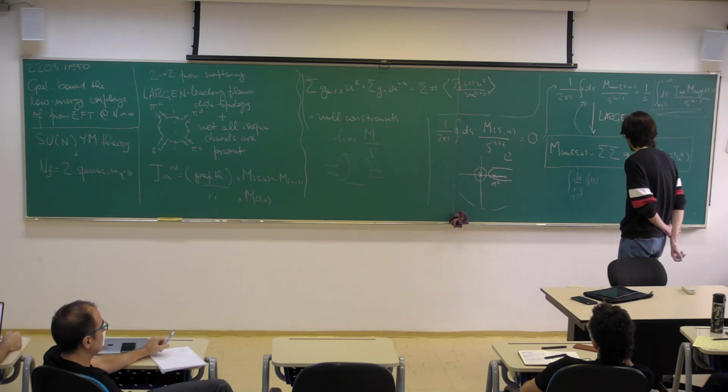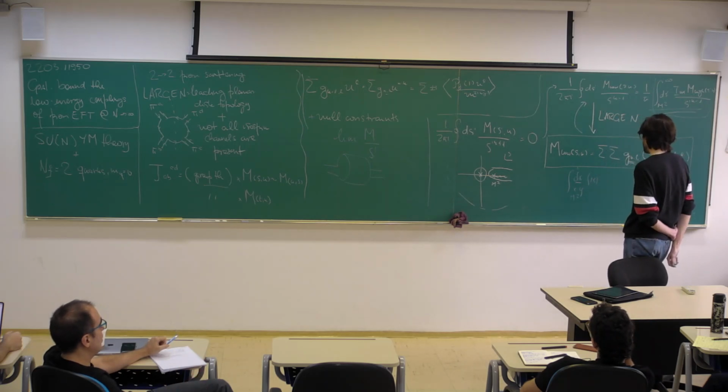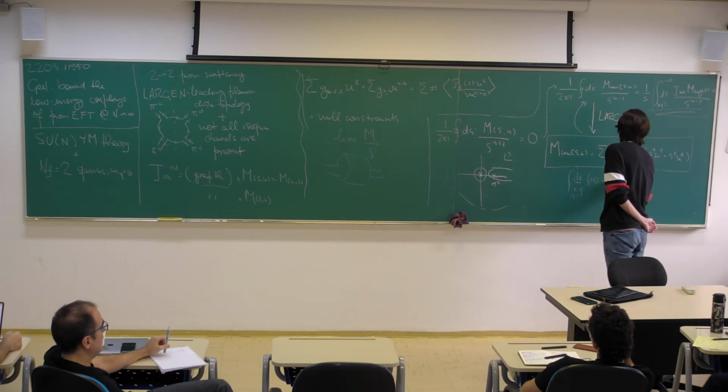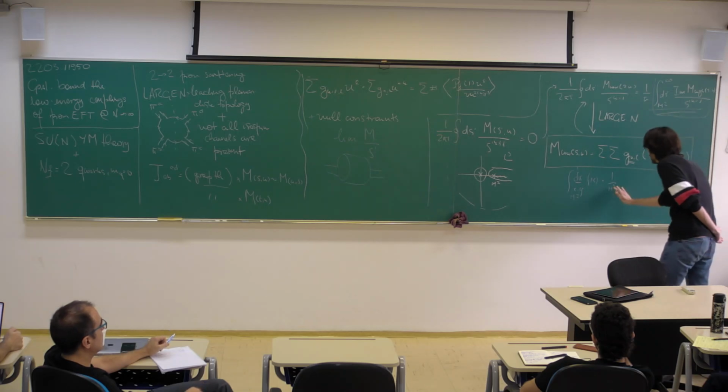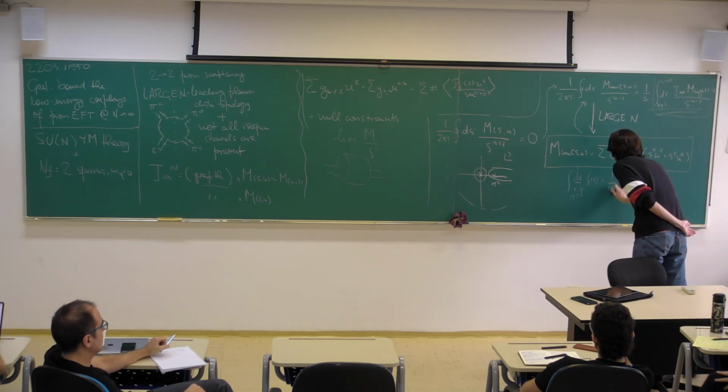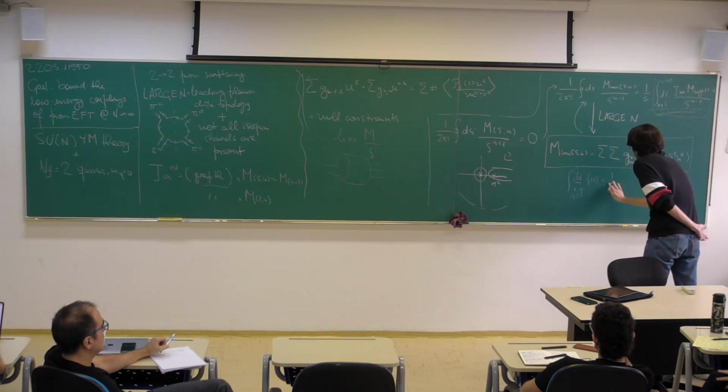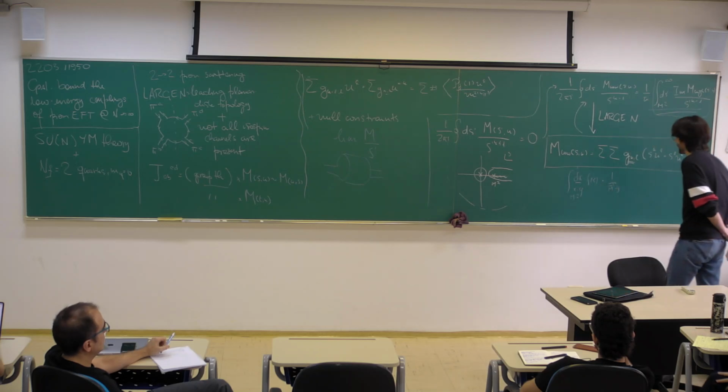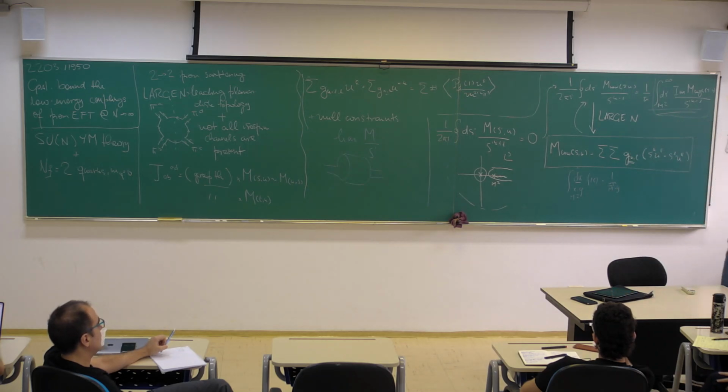What f of x would you put such that the integral, our goal, equals 1 over m tilde squared minus y, where it's not m squared, it's some m tilde squared? What function would you put for f of x to get a pole?